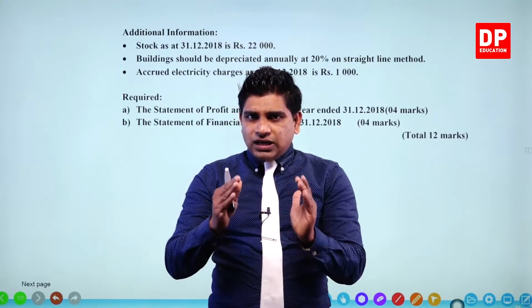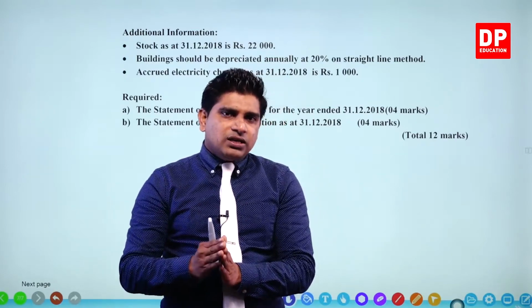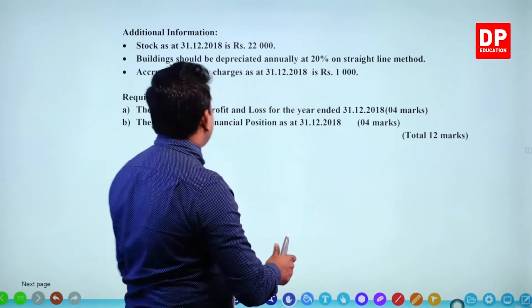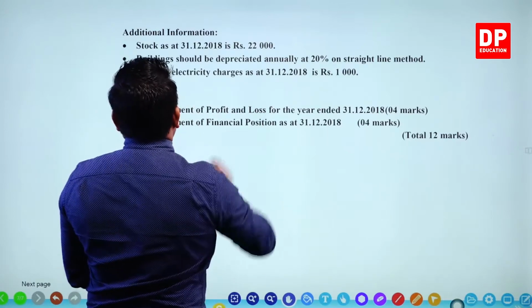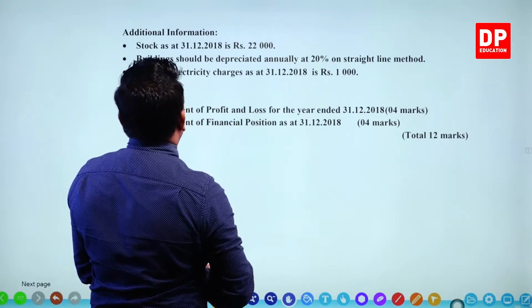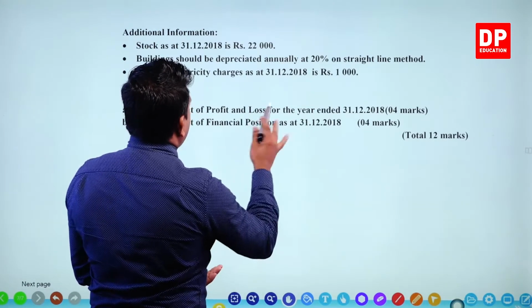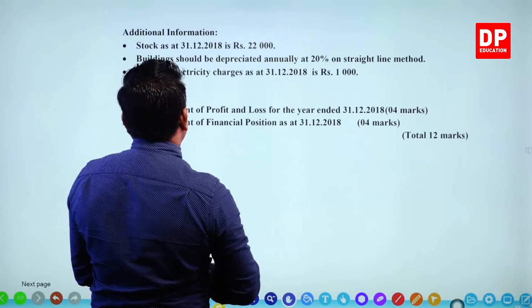So until we discuss the additional information adjustment part, we can remove this part. So you ignore this additional information. Stock and building should be depreciated annually, and also accrued electricity charges, and all this you neglect, right?